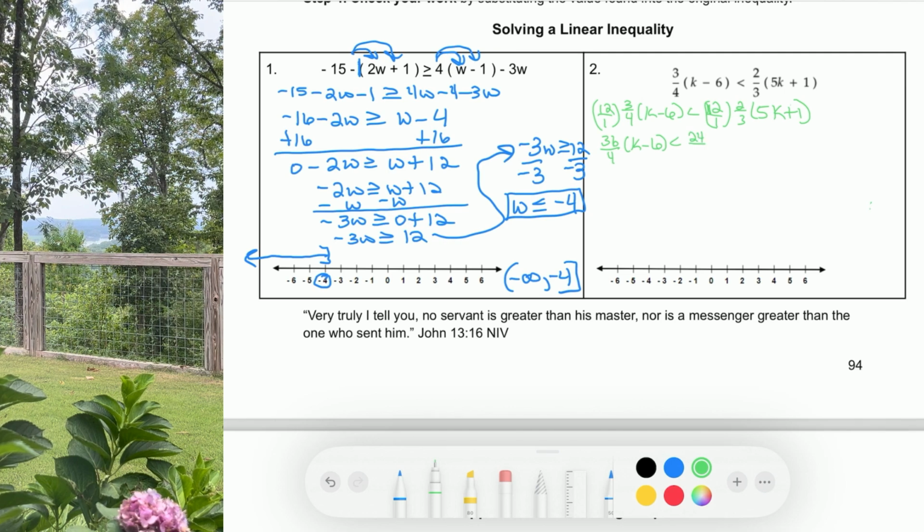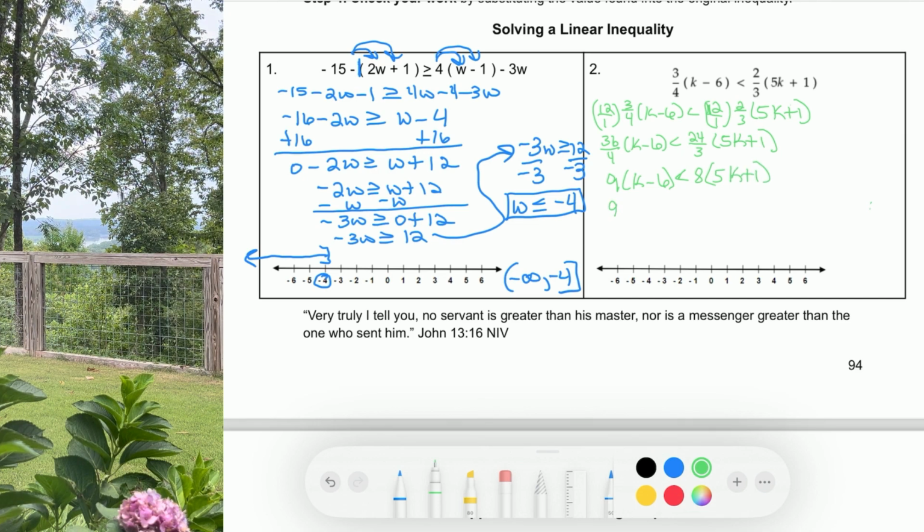And then 12 times 2 is 24 over 3. That 36 over 4 reduces to 9. And then 24 over 3 reduces to 8.